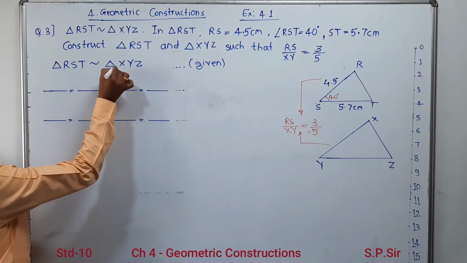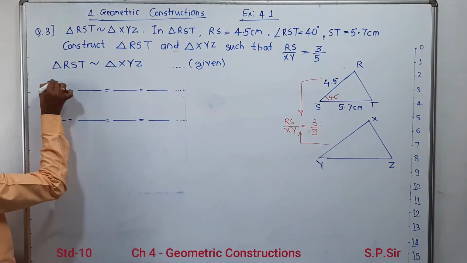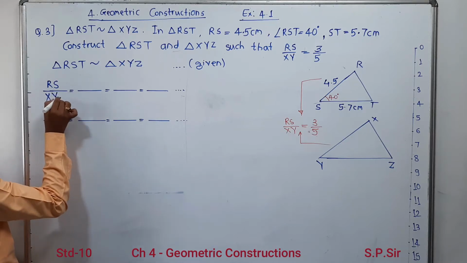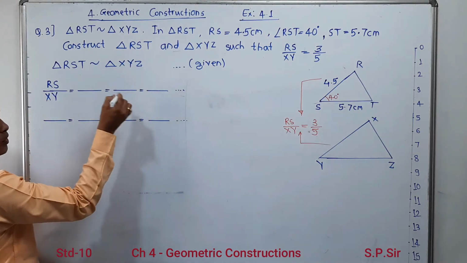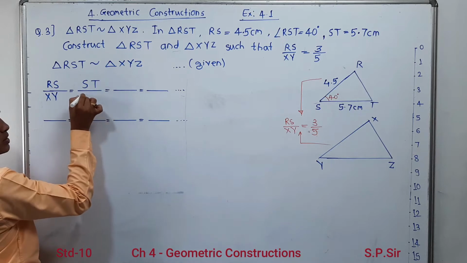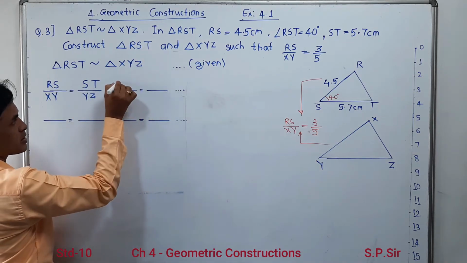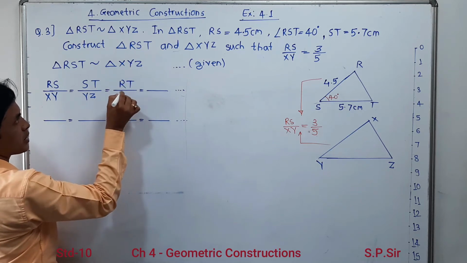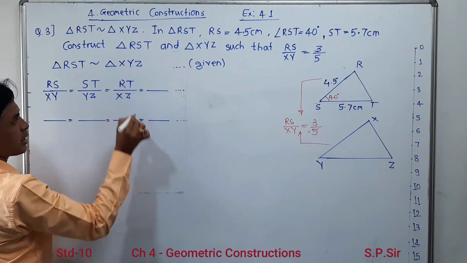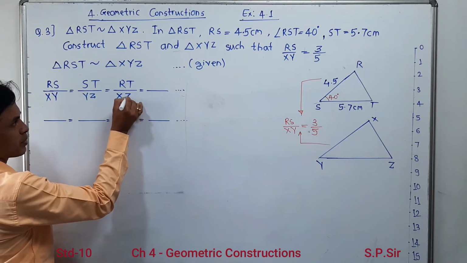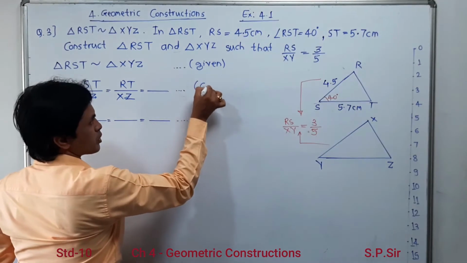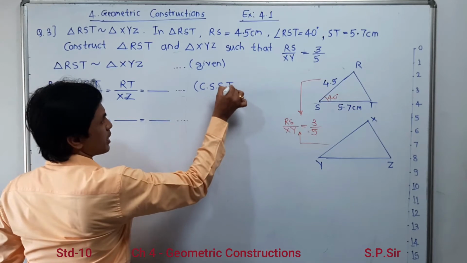Therefore, RS upon XY is equal to ST upon YZ is equal to RT upon XZ. And for that part, your reason becomes corresponding sides of similar triangles.